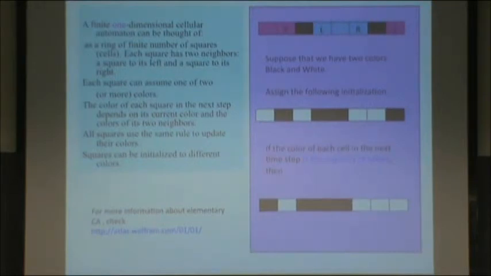And in the next step, each cell's color depends on its own color and its neighbors' colors. So for example, let's start with this initialization. And again, remember, these 2 are touching the other cells. And suppose that we want to apply the majority rule. So every neighborhood consists of 3 cells, so it's an odd number, you can have a majority rule.